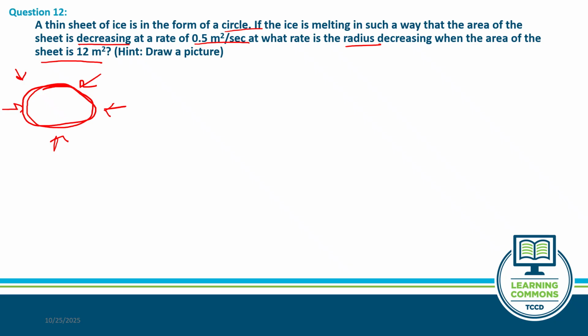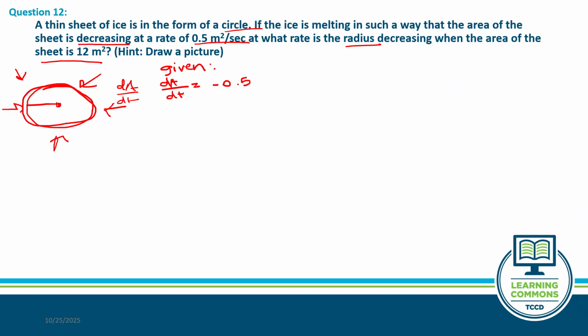Okay. So dA over dt is that movement of decreasing. And then I was given a radius. Okay, cool. So area, givens: I was given the rate of decreasing, and remember that's a negative because I'm decreasing.